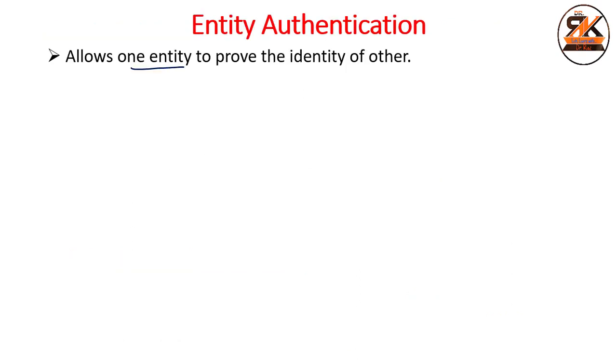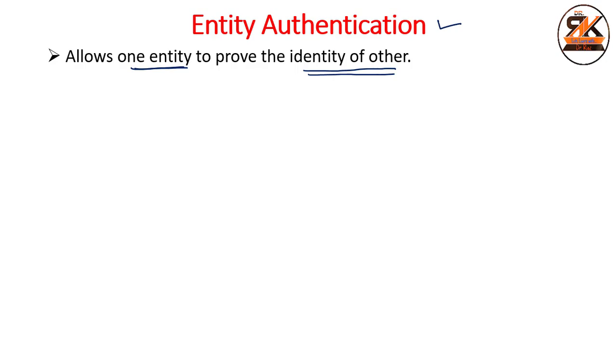Next is our entity authentication. Entity authentication allows one entity to prove the identity of the other. When we talk about entity authentication, it means to prove the identity of some entity.